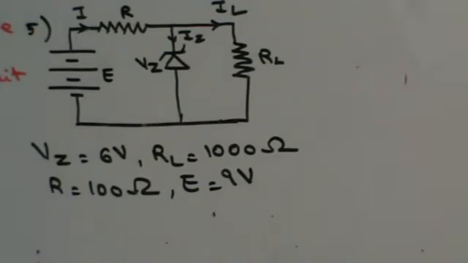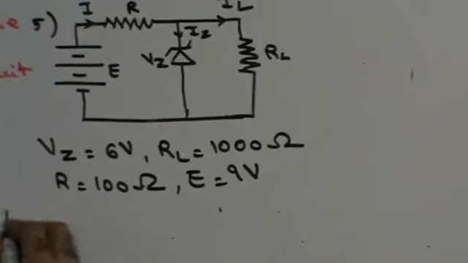Let's see this. Now, we know that EMF is 9 volts, out of which 6 volts is the potential drop across the Zener diode. Therefore, what will be the potential drop across the series resistor?